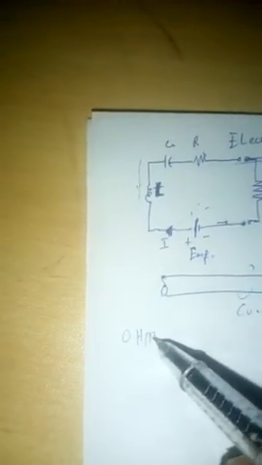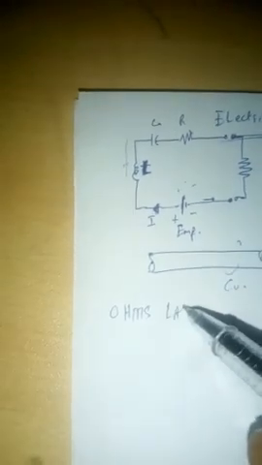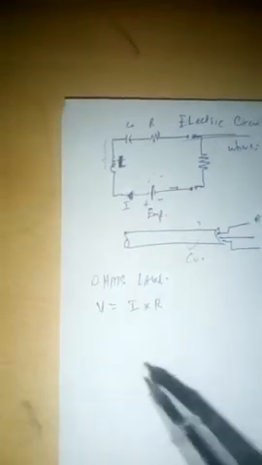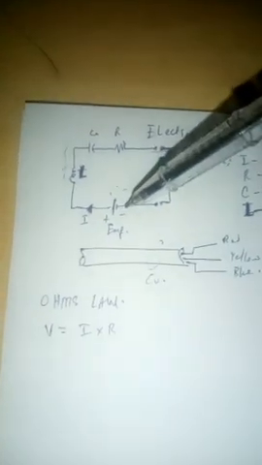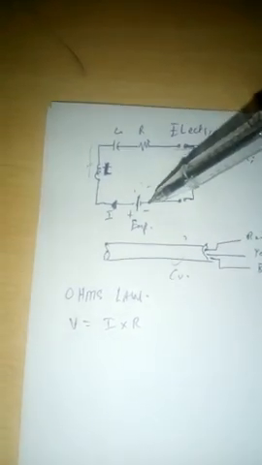Now when we're talking about electric circuits, in terms of the calculation, we have what we call Ohm's law, which says voltage equals current multiplied by resistance. That's V equals IR. The voltage is the potential difference between the lowest point and the highest potential.